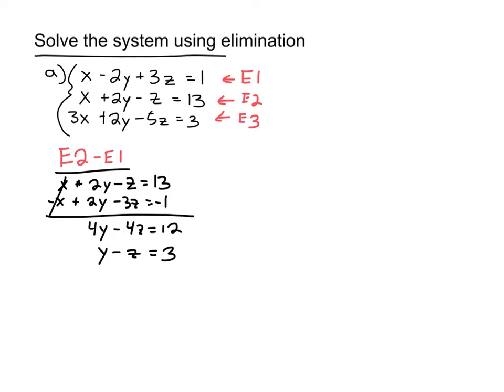Okay, so now I've changed my system so that I still have x minus 2y plus 3z equals 1, but the second equation is now y minus z equals 3. And I haven't done anything yet to the third equation.